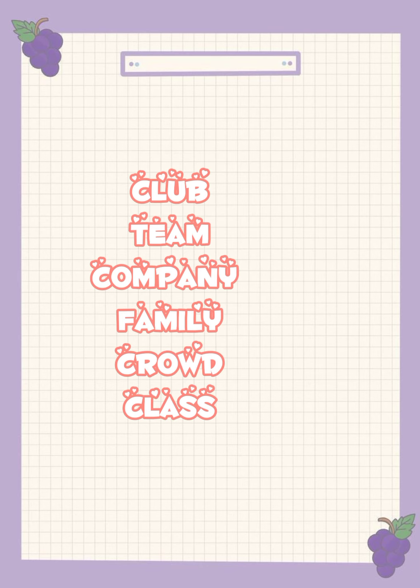Okay, so what about group nouns? Single nouns that are actually groups of people or things. Club, team, company, family, crowd, class. They can be either singular or plural, depending on the meaning of an individual sentence.